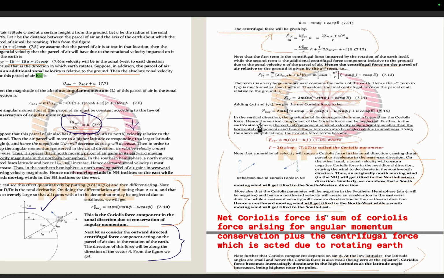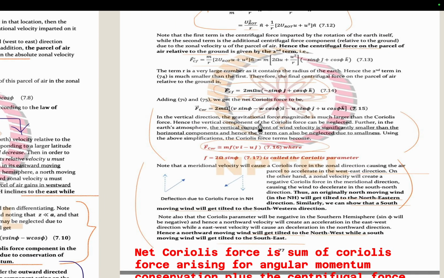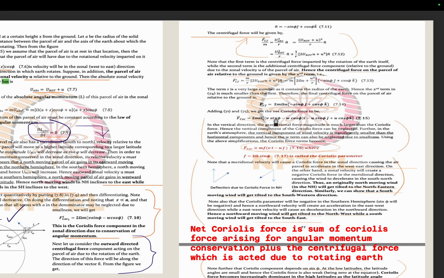The Coriolis force can be written as a combination of the i, j and k directions.